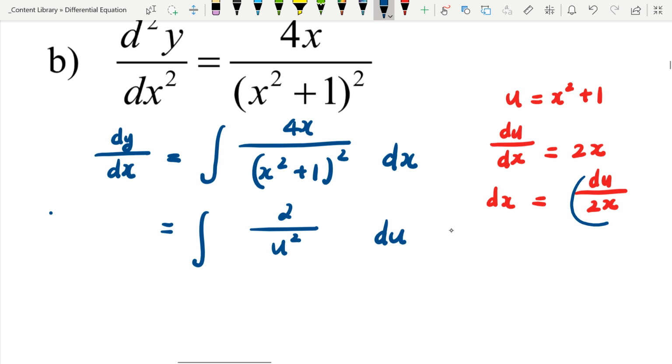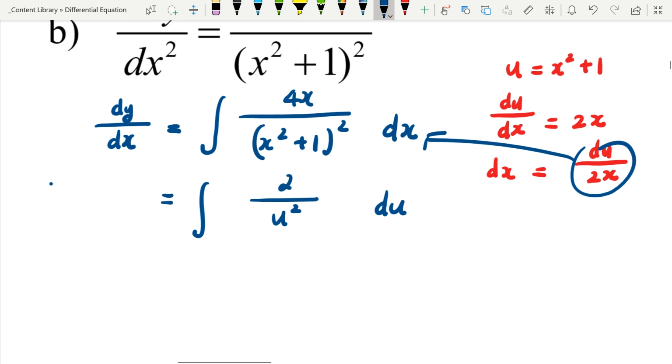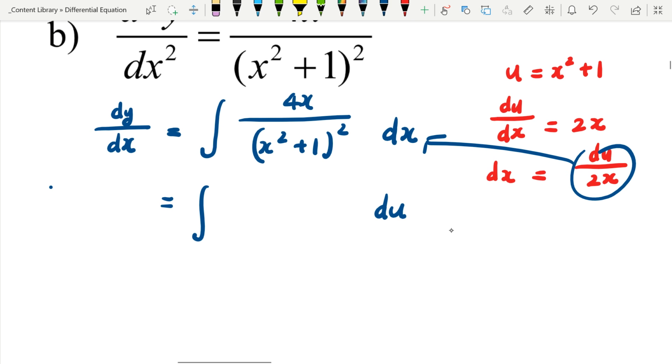Directly sub this into that spot. Top and bottom cancel, 4x and 2x, with the 2 left. Then du, we change the bottom, becomes u to the power of 2. Then that's 2u to the power of minus 2, and that's minus 2u to the power of minus 1. But remember, you need to plus c here. Even though that's the first derivative, you still need to plus the c value.